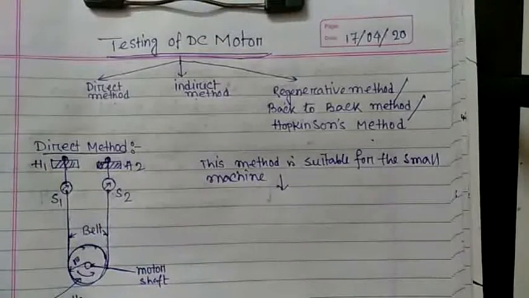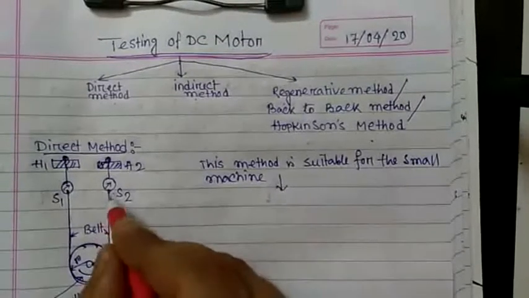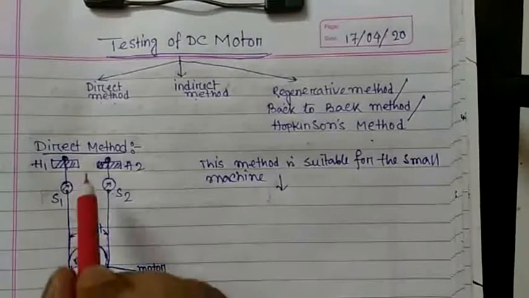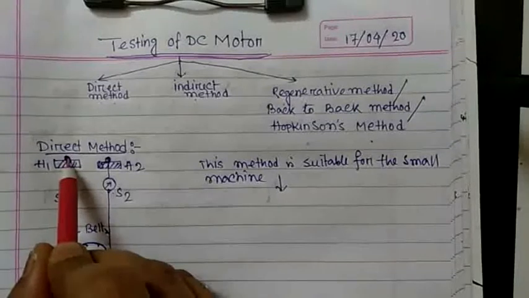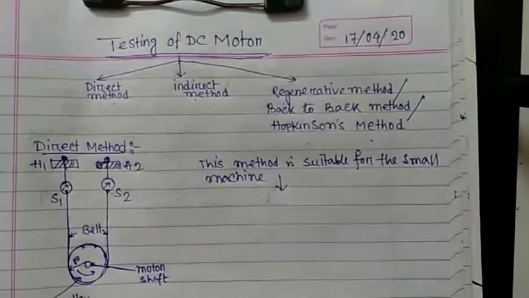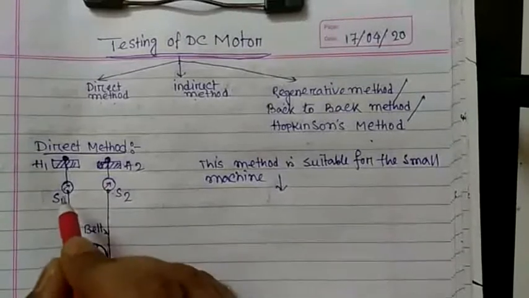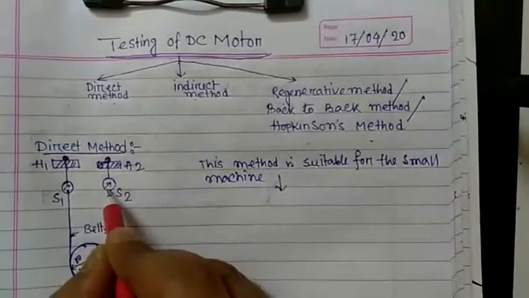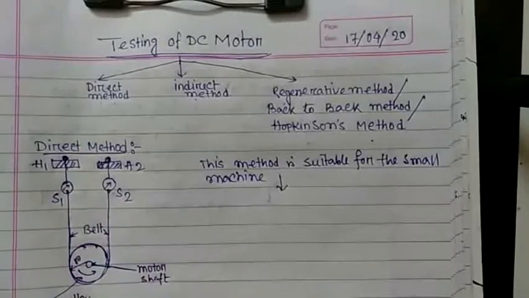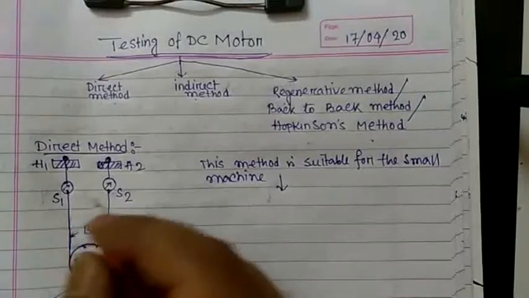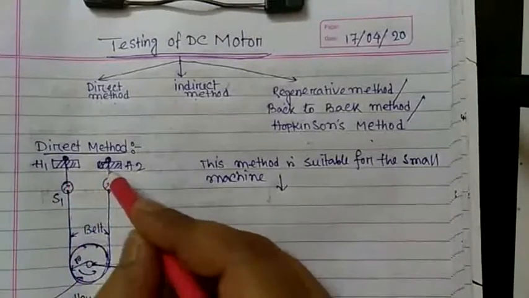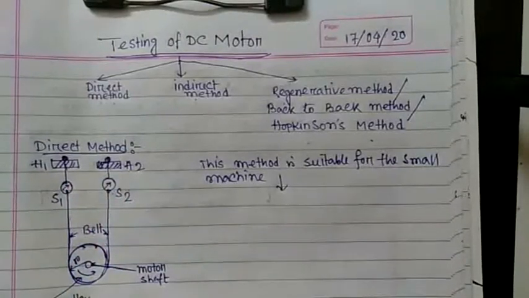A belt passes through the pulley and attaches to the hand wheels H1 and H2. Springs S1 and S2 are connected with this belt. Two ends of the belt are connected to H1 and H2.